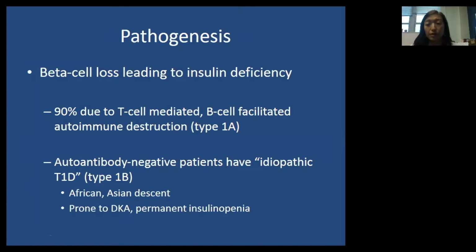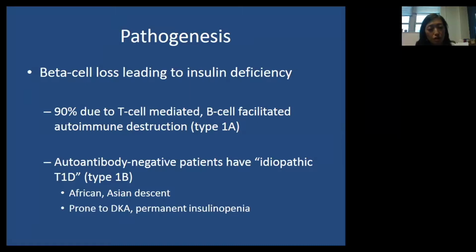So in brief, the pathogenesis of type 1 diabetes is very different than that of type 2 diabetes, as many of you may well know. The underlying disease process in type 1 is a complete loss of beta cell function, which leads ultimately to insulin deficiency. 90% of those with type 1 are due to T cell mediated, B cell facilitated autoimmune destruction, something we call type 1A.